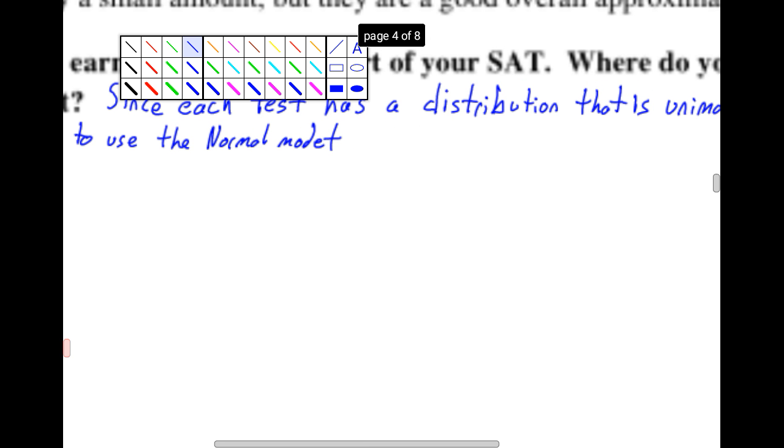Remember, normal is the name of a test, so we have to capitalize that.